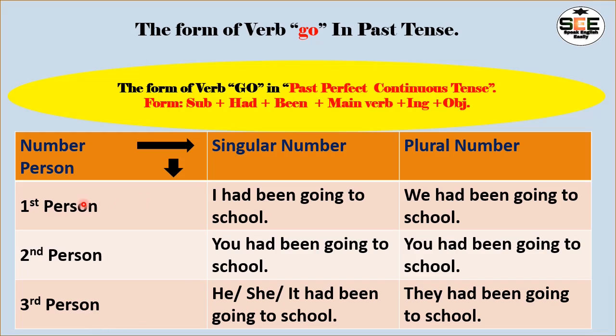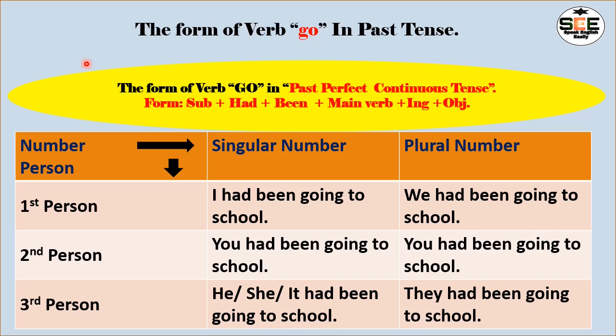So if I read, first person singular number, I had been going to school, and plural number, we had been going to school. Second person, you had been going to school, and second person plural number, you had been going to school. Third person singular, he had been going to school, she had been going to school, it had been going to school. And third person plural number, they had been going to school.